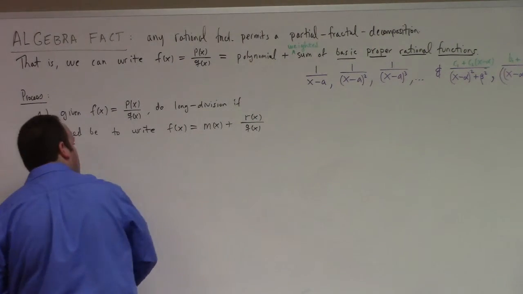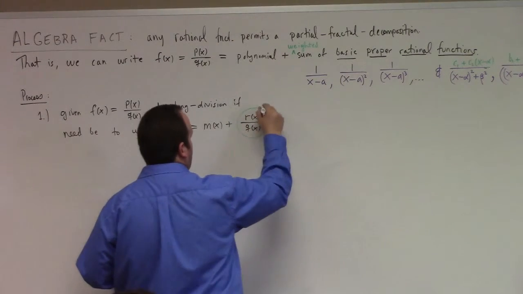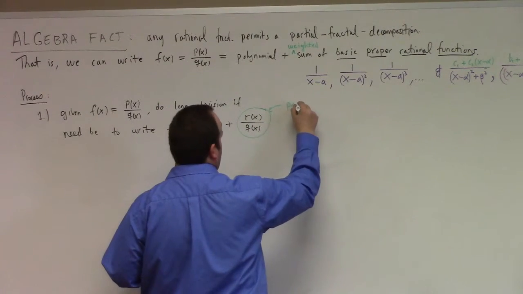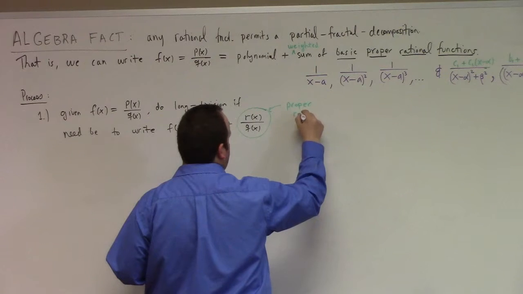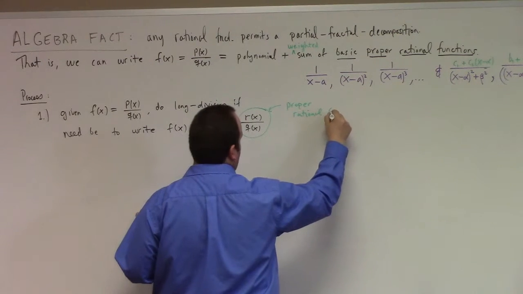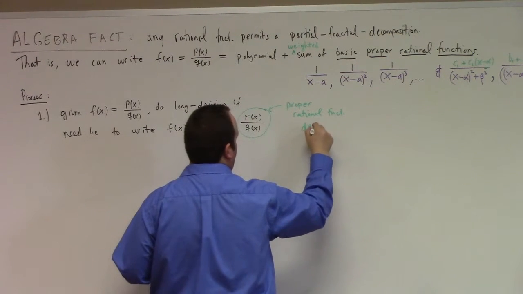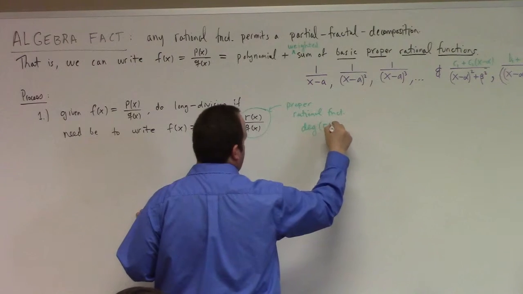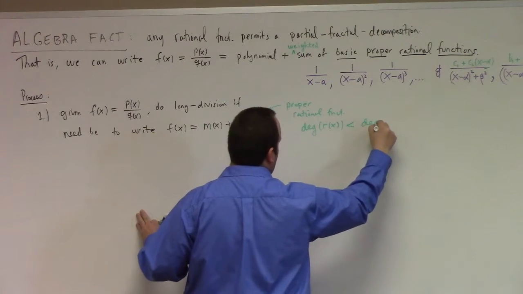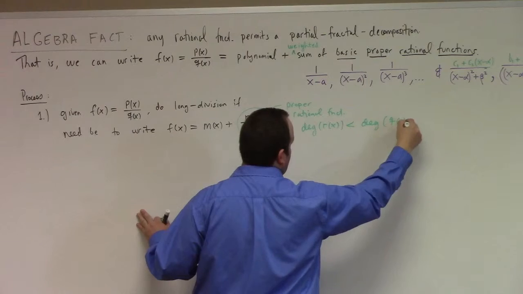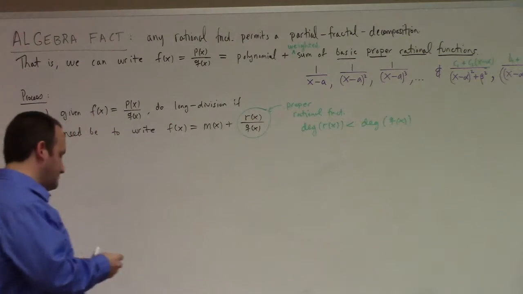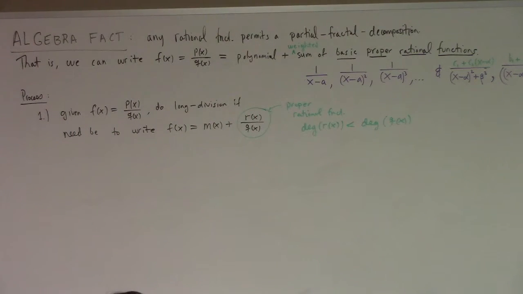The r of x over q of x will be a proper rational function in the sense that the degree of r of x will be strictly less than the degree of q of x. Step number one.